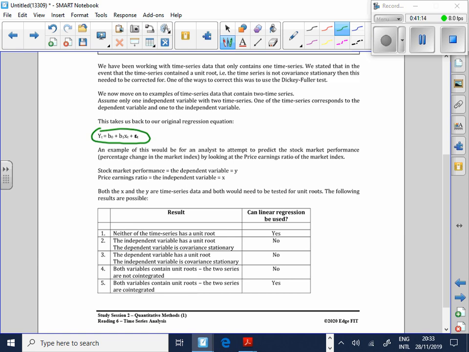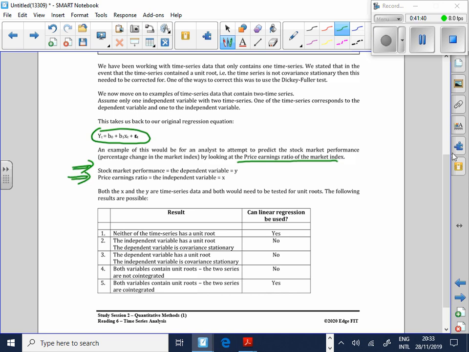Let's give an example. The analyst is trying to predict the stock market performance by looking at the P/E ratio of the market index. Everyone comfortable? The stock market performance is y, because we're saying the stock market performance is dependent on the P/E ratio. You happy with that?